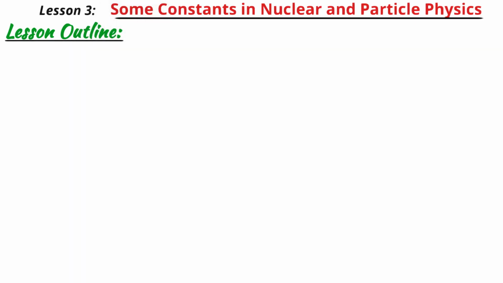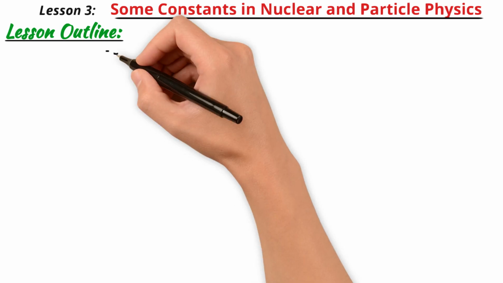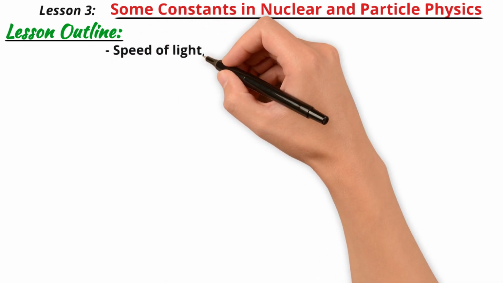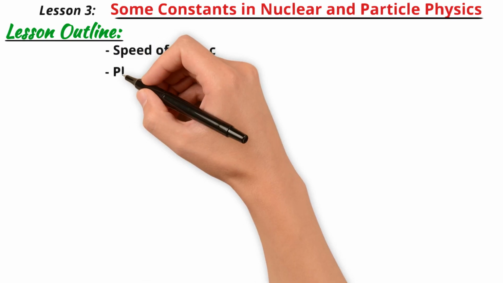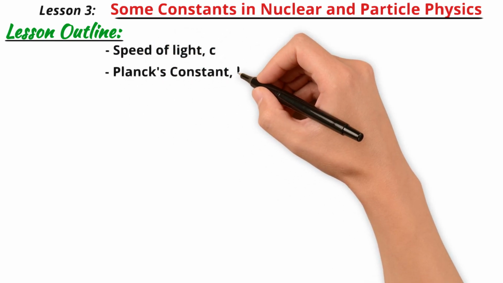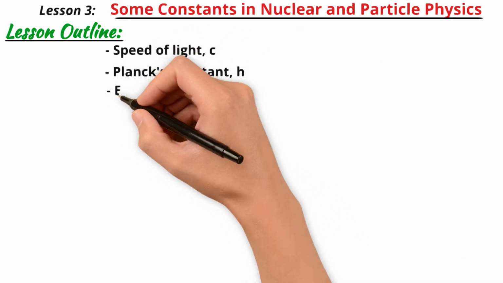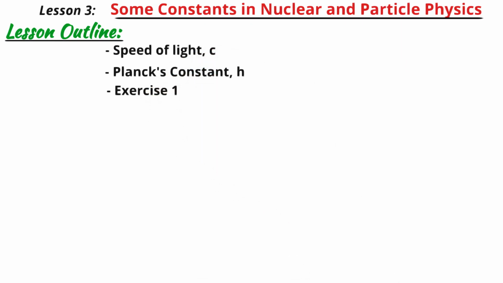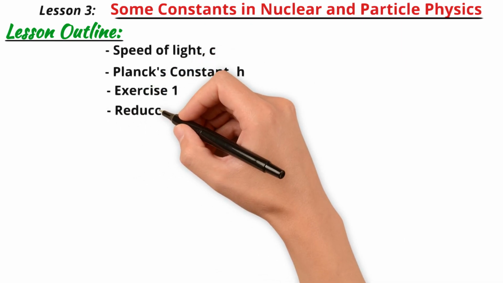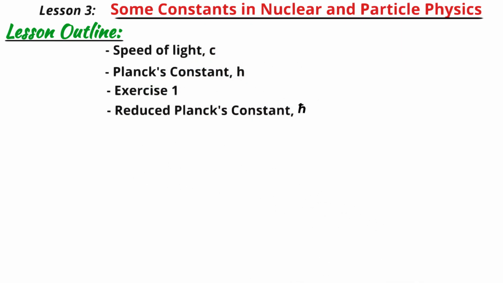Not like they are some new constants, they are constants that you have seen, but we are going to see how they are expressed using the units that we talked about in the last lesson. We are going to look at the speed of light, Planck constant, and then we'll do a little exercise, and then we'll talk about the reduced Planck constant, which is just Planck constant divided by 2 pi, which is also called h bar.